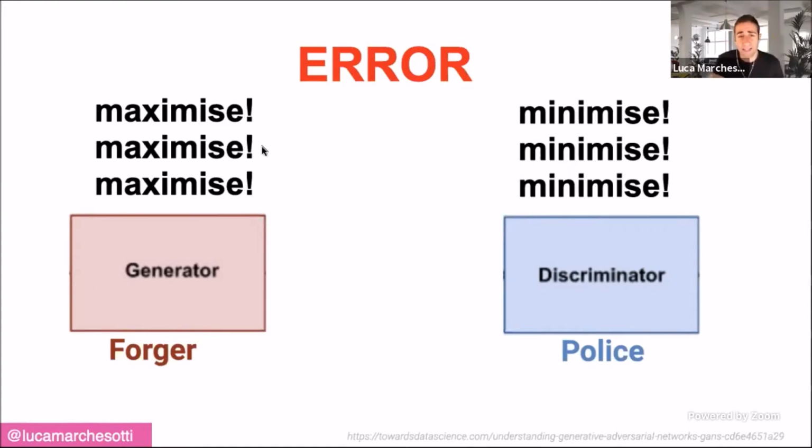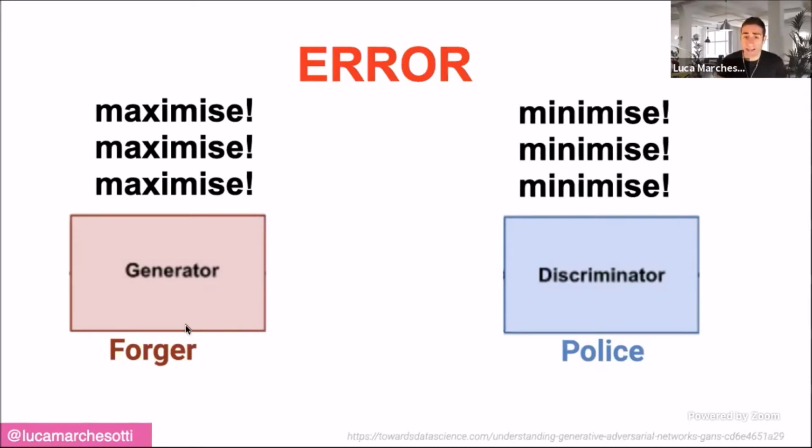So let's say that both of them, the forger and the police, have to be evaluated on an error, and the error is the classification error between the correct and the incorrect answers on the authenticity of the sample. So we have this error, and we have these two entities that we need to evaluate. How do we do it?